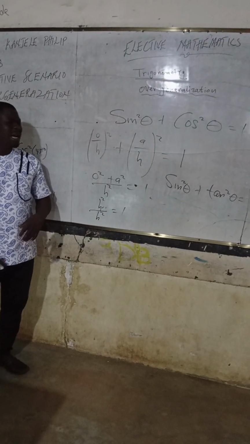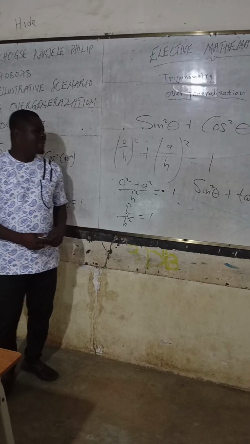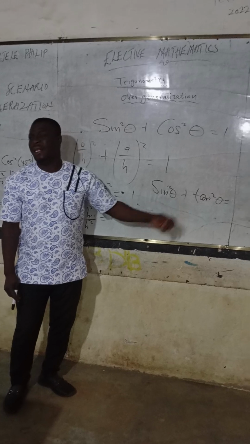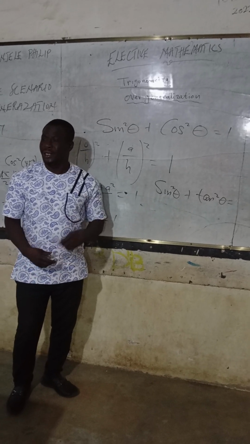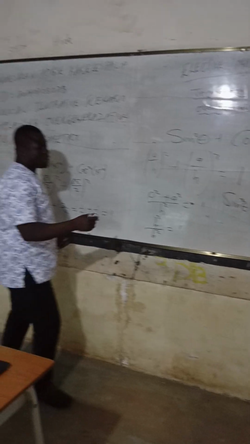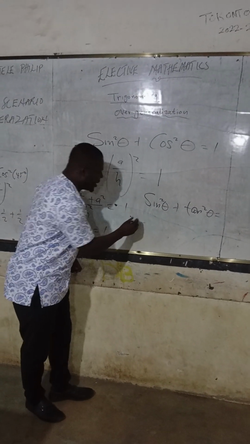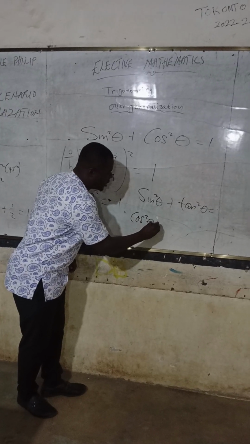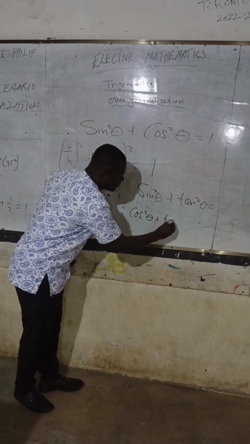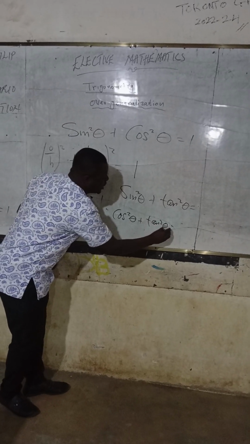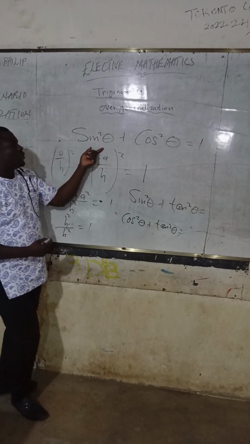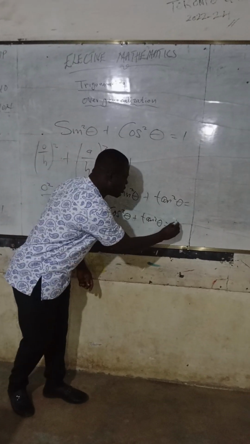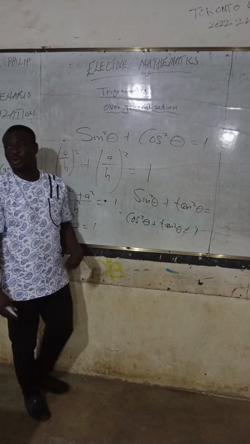So this particular identity is valid, but students do overgeneralize. Whenever they see the squares of trig ratios being added, they conclude that it is 1, which is not always the case. Another example: if you have cos square theta plus tan square theta, because of this identity, students overgeneralize that it is also equal to 1, which is not true.